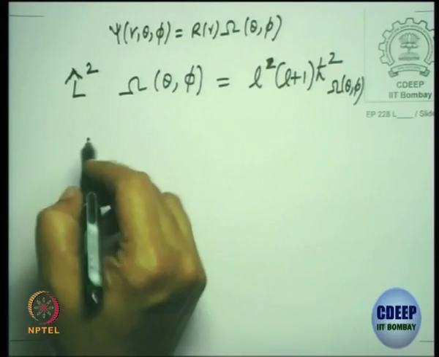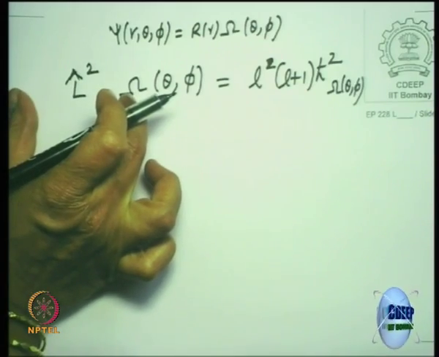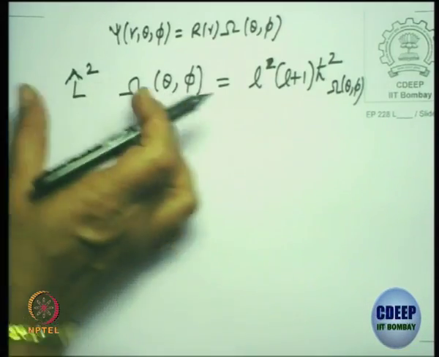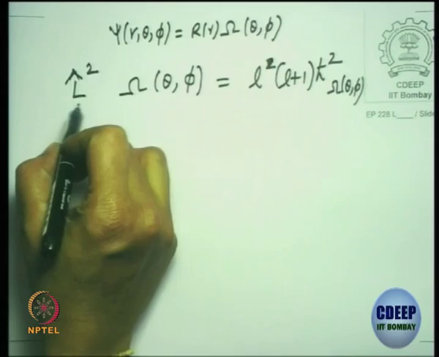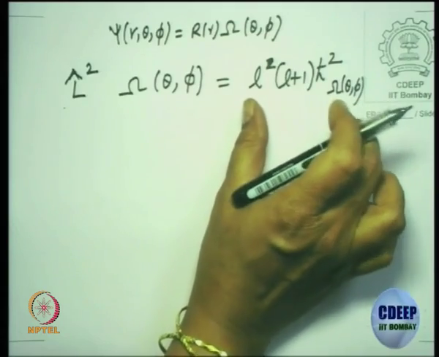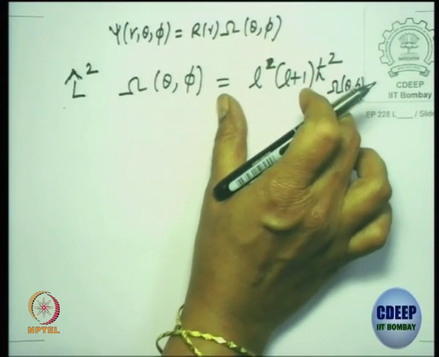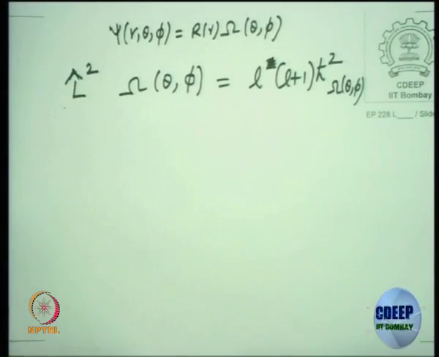We wrote that differential operator explicitly, involving sine theta del by del theta, so it can be written compactly as the L dot L operator. This came from the differential equation that we compared to the spherical harmonics, and we found that the solution is l into l plus 1. There is an h cross squared coming up here because of the definition of L squared. So please check this.